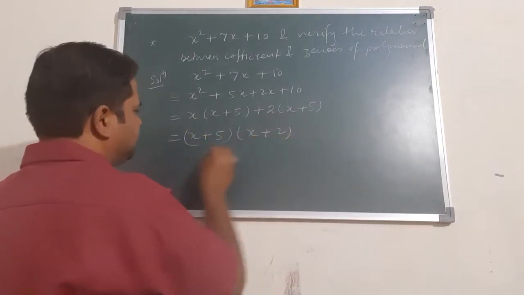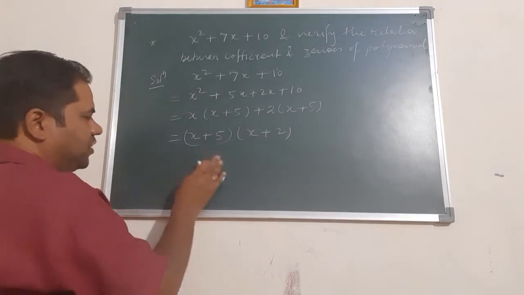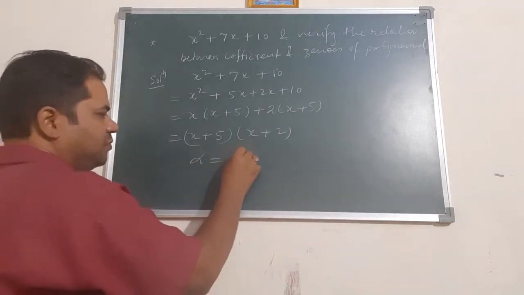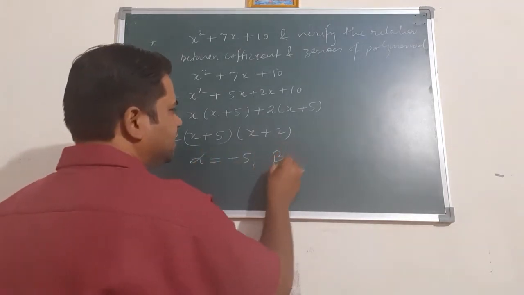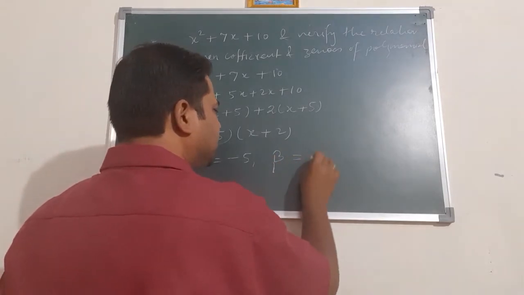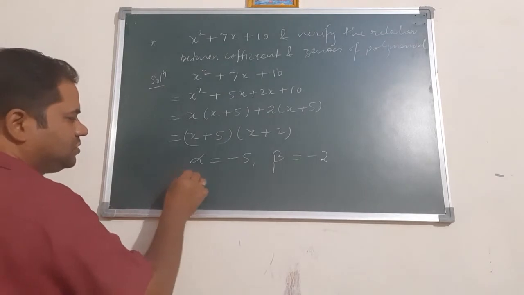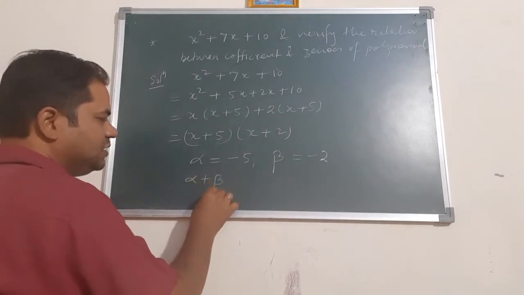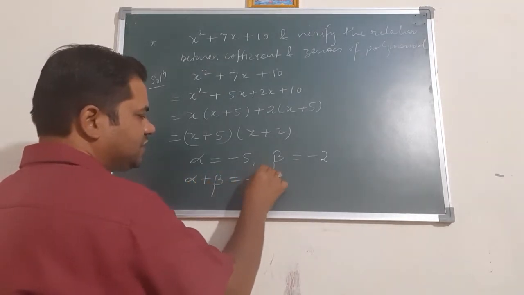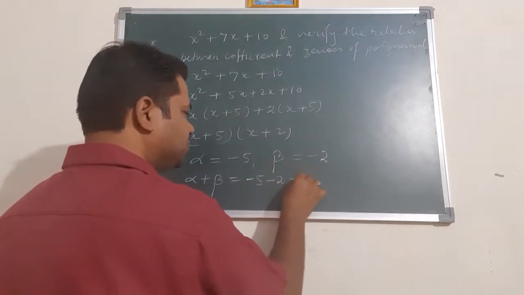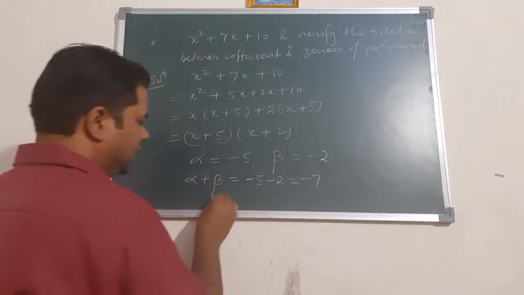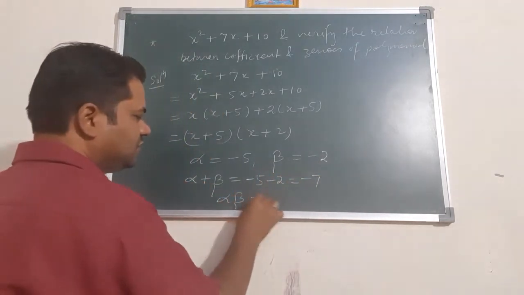This is x plus 2. So what are the zeros? Alpha is nothing but minus 5 and beta is nothing but minus 2. So what is the sum of zeros? Alpha plus beta is minus 5 minus 2, this is minus 7. And alpha beta is what?